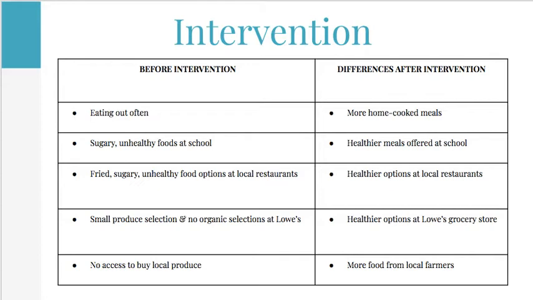Potentially the schools could even be purchasing produce from these farmers, as well as the local restaurants, as well as Lowe's Market, and as well as individual community members themselves.